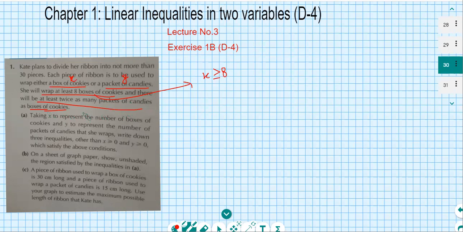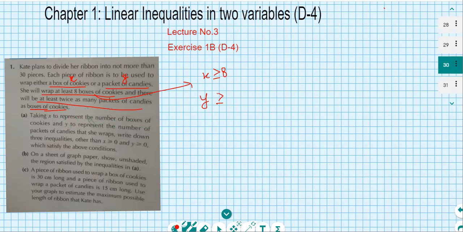Next condition: there will be at least twice as many packets of candies as boxes of cookies. The packets of candies are represented by Y. So Y should be at least twice the number of cookies.